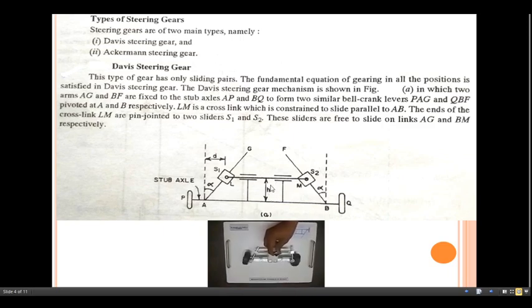The ends of the cross link LM are pin jointed to two sliders S1 and S2. These sliders are free to slide on the links AG and BF respectively.